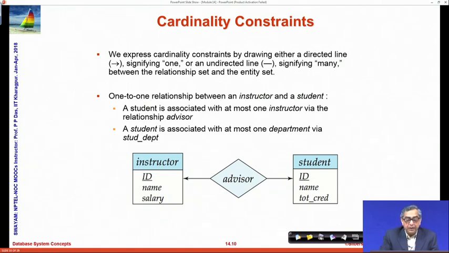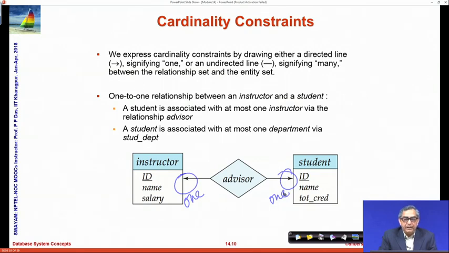So, for example, if we are showing an arrow on both ends of this relationship advisor, then it means that it is a one to one relationship, because there is an arrow here, so this is 1, and there is an arrow here, so this is 1, which means that a student is associated with at most one instructor, and it also means that an instructor is associated with at most one student.